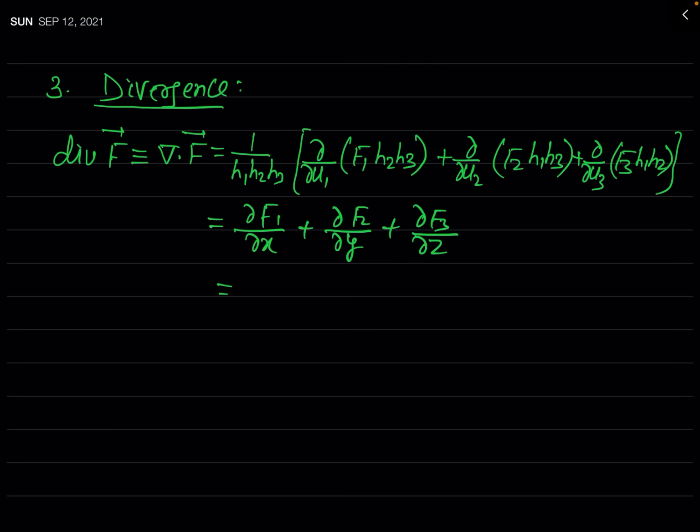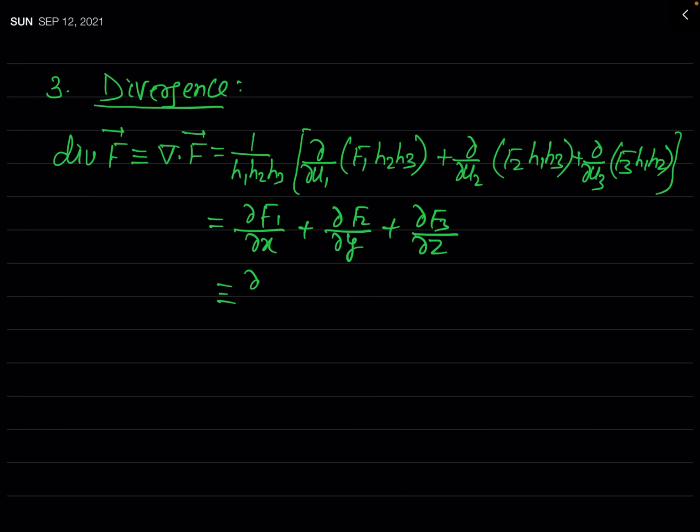People also write fx, fy, fz instead of f1, f2, f3, where fx, fy, fz are the orthogonal components of the vector field f in x, y, and z directions.